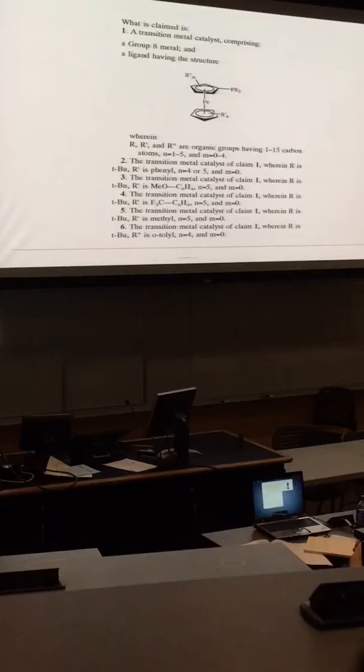And we have certain R groups here, and all of these R groups are defined. So that's the scope of this invention. It's directed to this particular catalyst having all of these kinds of variables. And then we have other claims here that further define what the variables are. And so as you read through this, you can get a real picture and a big flavor for what the scope of the invention is.